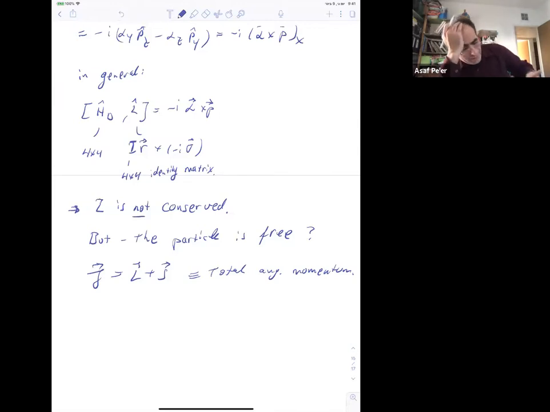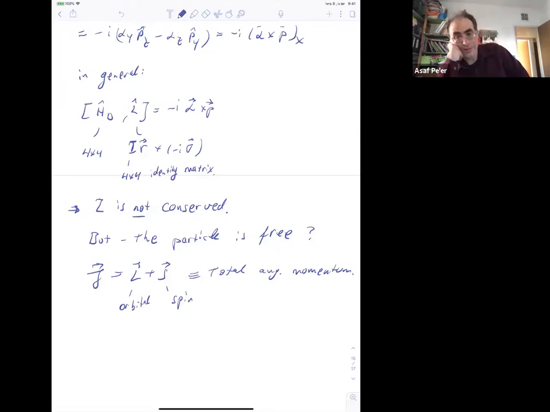I haven't defined it, and I won't define it now because we don't have time, but I'll define it next week, right? And the amazing thing is that indeed, in Dirac theory, the orbital angular momentum is not conserved by itself. But as we're going to show, the total angular momentum, orbital plus spin, is conserved.